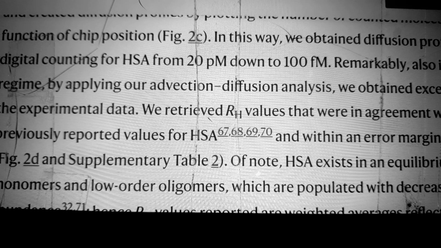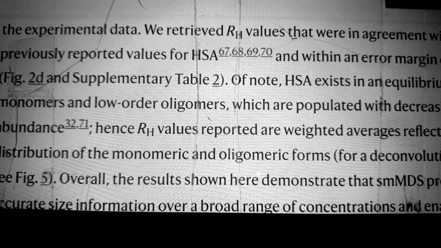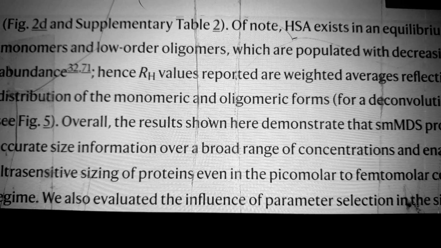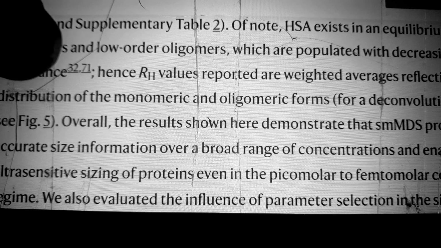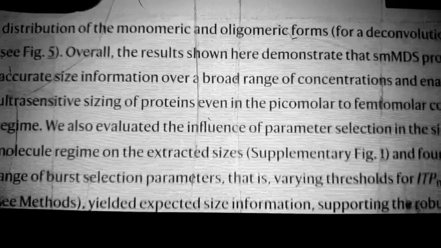Excellent fits of the experimental data were retrieved that were in agreement with previously reported values for HSA and within an error margin of 10%. HSA exists in an equilibrium of monomers and low-order oligomers, which are populated with decreasing relative abundance. Hence, RH values reported are weighted averages reflecting this distribution of the monomeric and oligomeric forms.